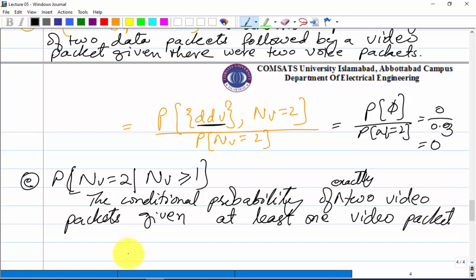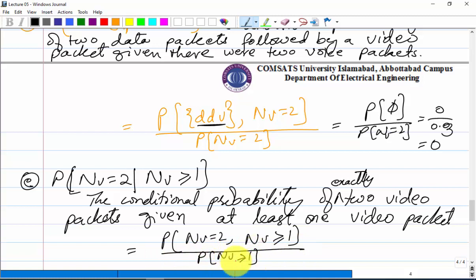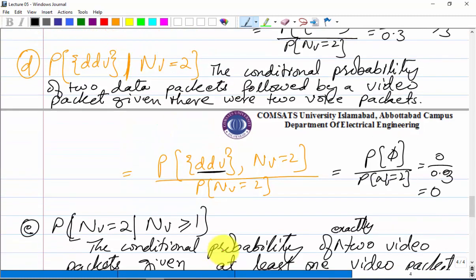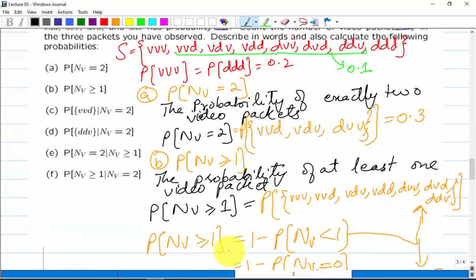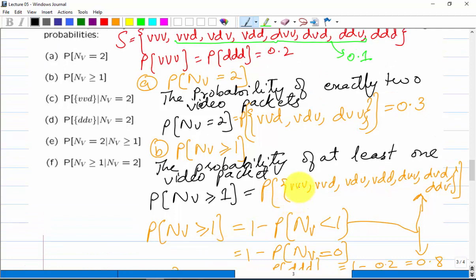So we can write it as the probability of NV equal to 2 intersection with NV greater than or equal to 1, divided by the probability of NV greater than or equal to 1. If we go back and see the intersection, it will be VVD, VDV and DVV.